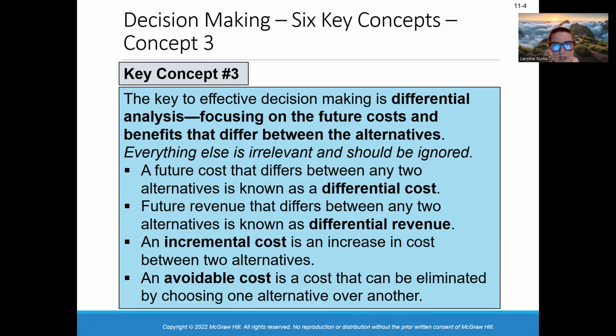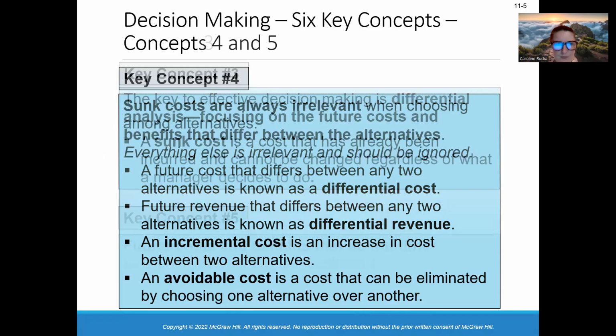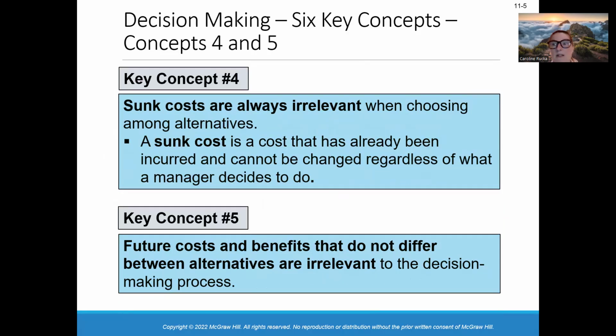The amount of difference between the costs is called incremental cost, and an avoidable cost is anything that you can eliminate if you choose one option over the other. Sunk costs are always irrelevant. That's a cost that you already incurred and you can't change no matter what you do. And future costs and benefits that don't differ between the two alternatives are all irrelevant.